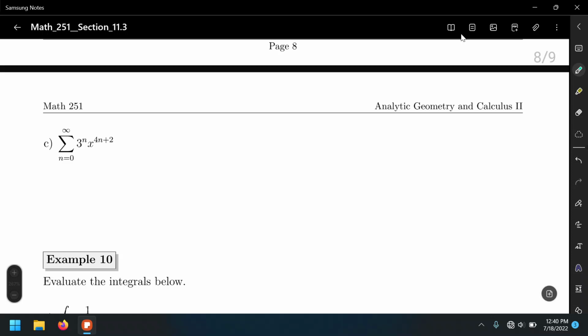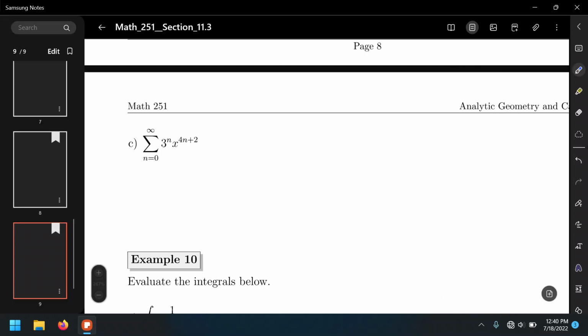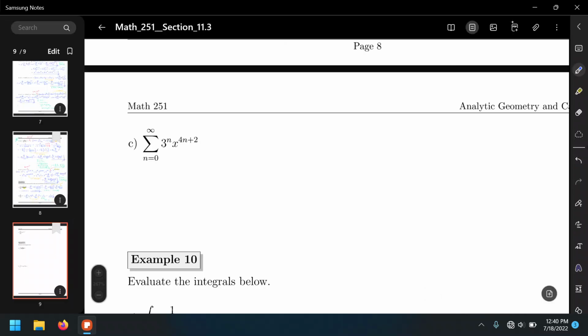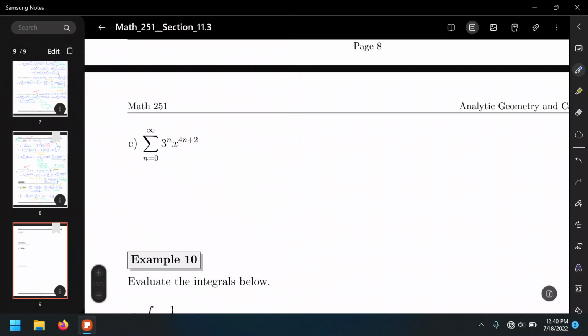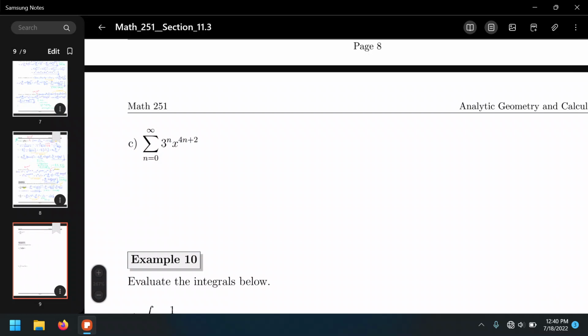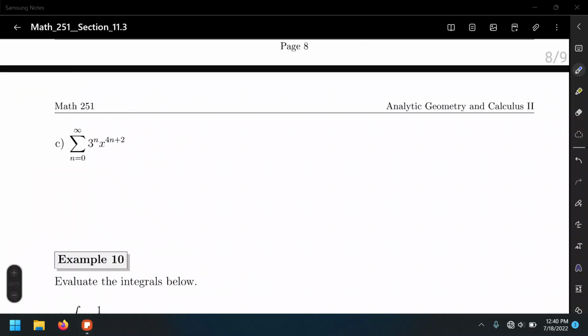So we will rewrite this x to the 4n plus 2 as the sum from n equals 0 to infinity of 3 to the n x to the 4n times x squared.